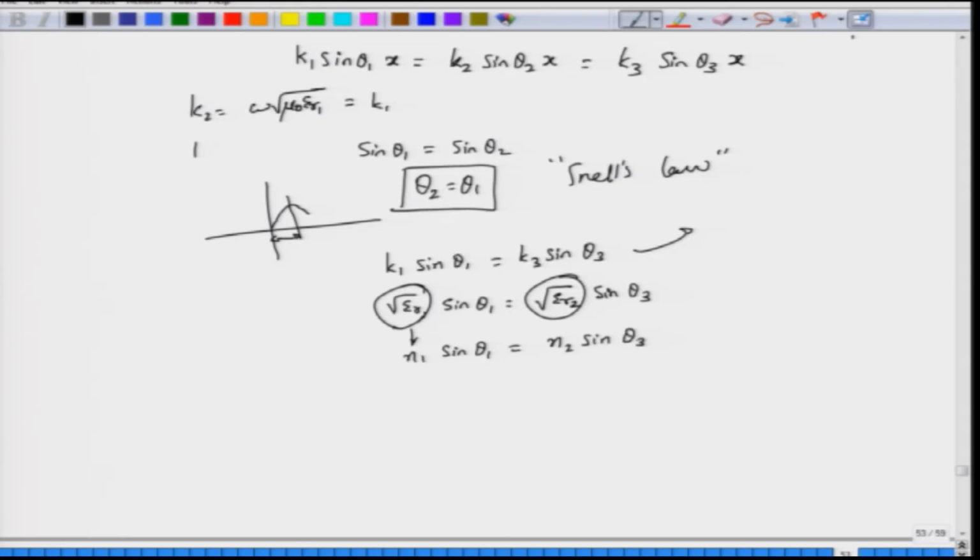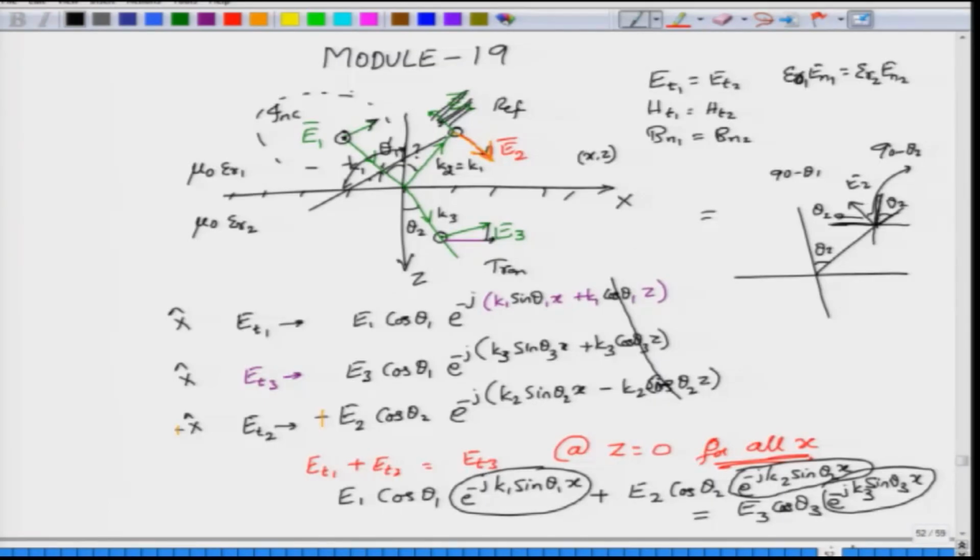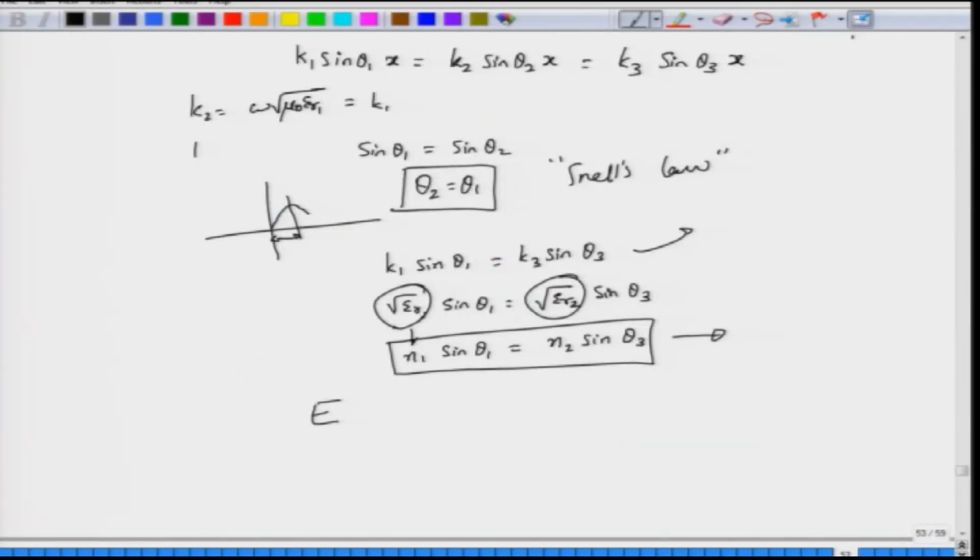This is Snell's law of refraction. So, we have recovered Snell's law as a consequence of boundary conditions, but we are not done yet. What we have done so far is simply equate the tangential electric field and get an equation in this particular manner.